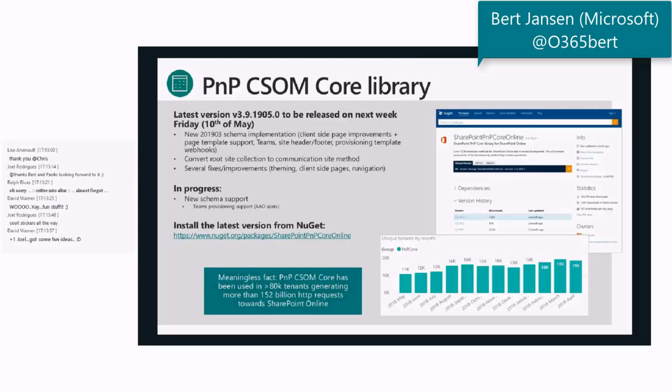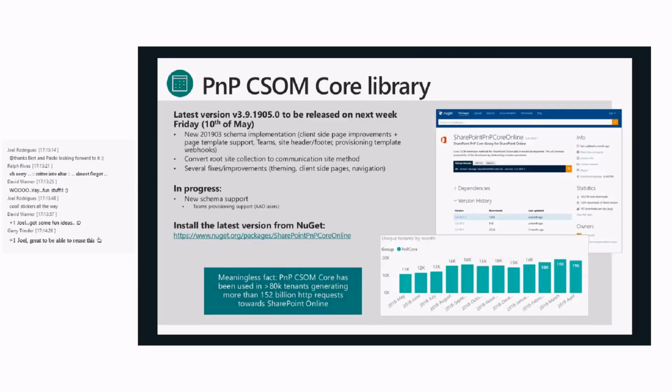So let's see, for PnP Sites Core, I think the biggest work we did, and that's something that Paolo will demo later on in this call, is around the new schema implementation. So improvements around client-side page handling, page template support, themes, site header, footer, etc. But as I said, Paolo will give a nice demo of that one. There's also a new extension method to convert the root site collection to a communication site.